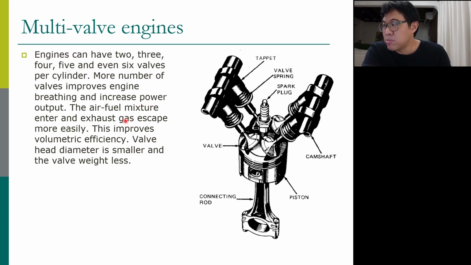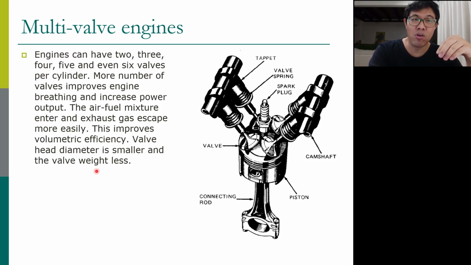Basically, if we talk about efficiency, it improves the volumetric efficiency, which is the efficiency that considers the intake and exhaust. Also, the valve diameter is smaller and it weighs less. When the valve weighs less, it moves faster. When the mass is lower the inertia is lower, therefore the acceleration is more.